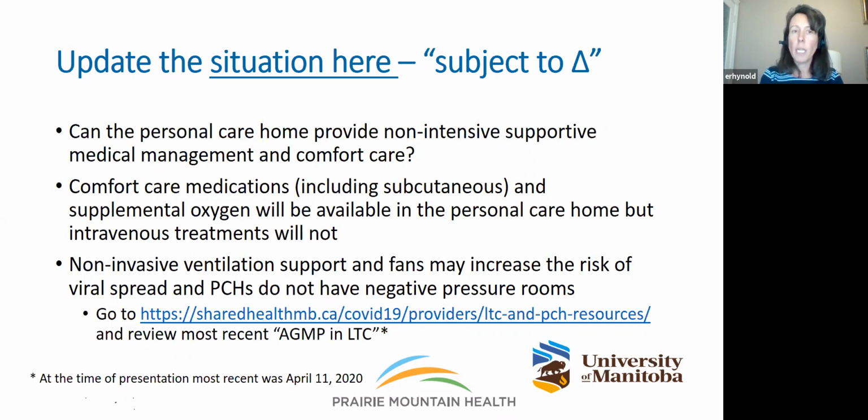They're also looking at our supply of supplemental oxygen, oxygen concentrators, and how they would move them around if we needed a number of them in one place. But intravenous treatments are not going to be offered in the personal care home setting at this time.